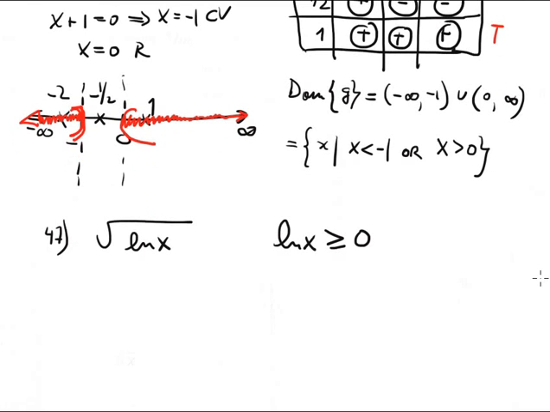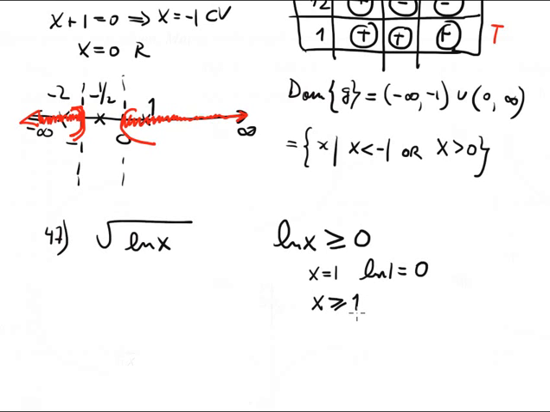So you interpret what values satisfy this condition. To be 0, x is equal to 1, since the logarithm of 1 is 0. Now the values that give positive results are the values bigger than 1. So basically this represents when x is greater than or equal to 1, because values less than 1 give a negative logarithm.